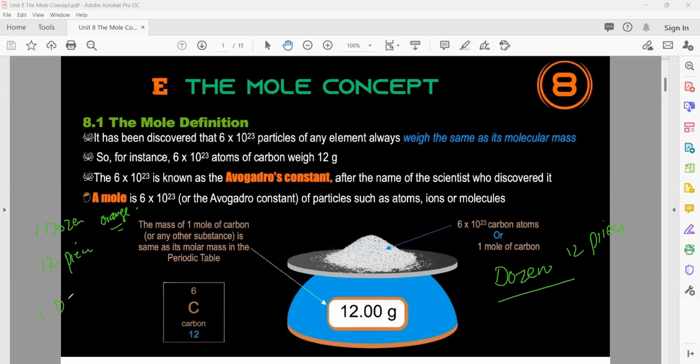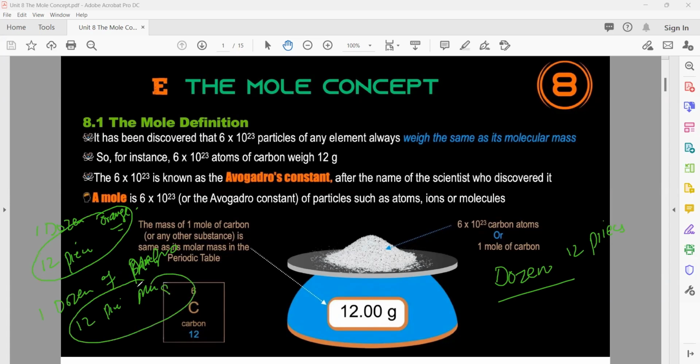If I say I need 1 dozen bananas, or you can say mango, you'll bring 12 pieces of mango. Tell me, what do you think? Will the 12 oranges have the same mass as 12 mangoes, or different? Yes, Ahmed. Their mass will be different or same? 12 oranges and 12 mangoes, do they have the same mass?